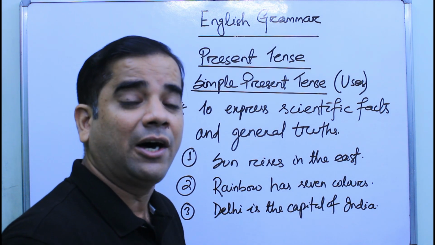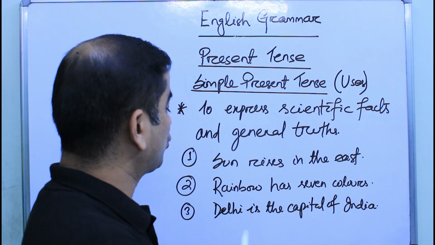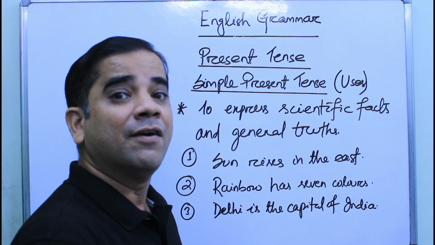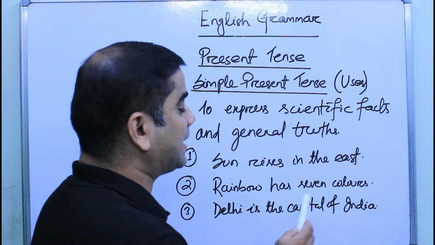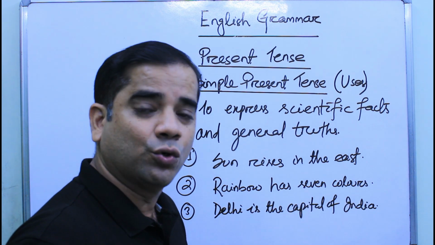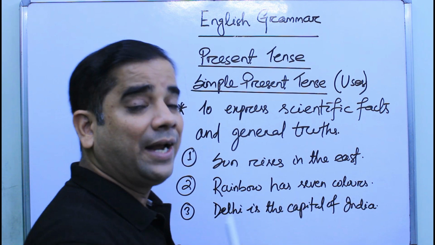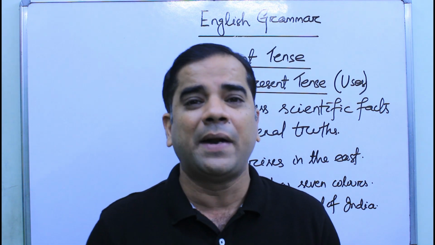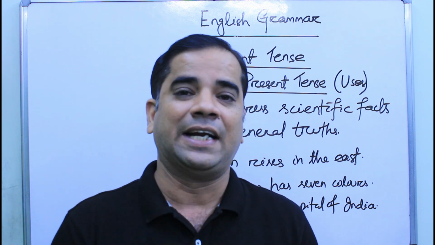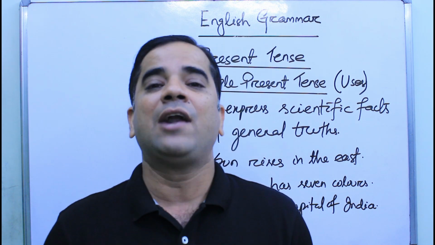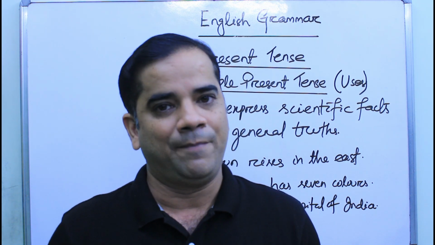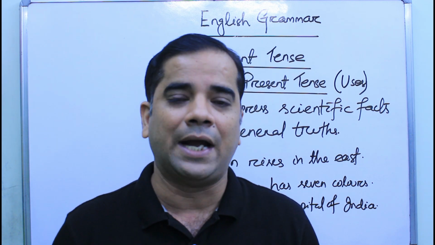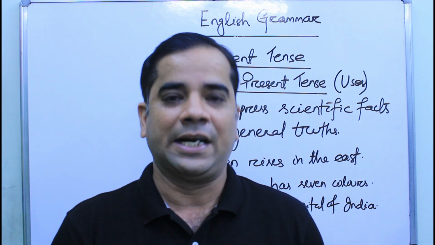Again, this is also a scientific fact, so this sentence is also in simple present form. Delhi is the capital of India. It's a truth, so this is also in simple present form. We can have many examples like these around us, and we use these generally. How to recognize the simple present tense and how to use it will be discussed later on.